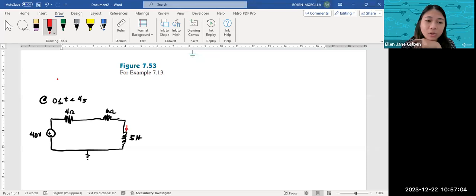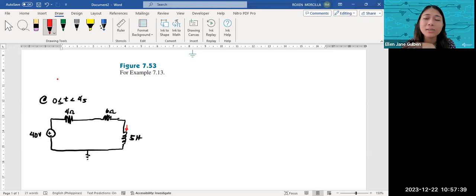And we'll just do 40 divided by 10 ohm. Then we will get 4 amps. So 4 amps should be the current flowing here at the 5 henry inductor if we have a long time to charge it. If there was a long time to energize the inductor, then surely the inductor will behave as a short and you will get 4 amps current.